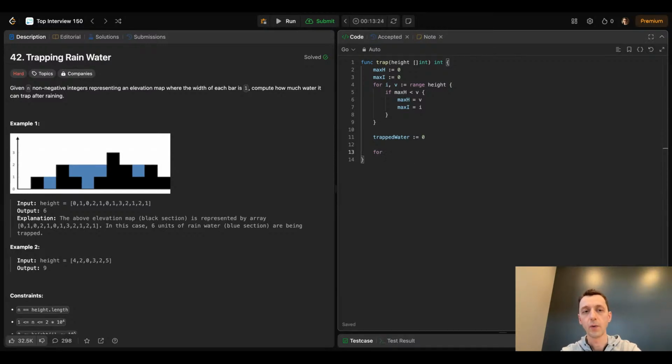So we're going to go for each pointer in the array. It's going to start with 0, less than max i, i plus plus. So I'm going to have that pointer, and we need to track the current max.